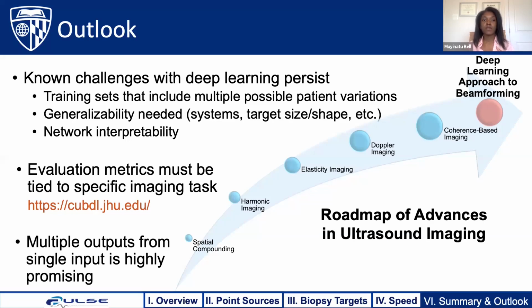And this was also one of the beautiful outcomes of the challenge, because now we have a bank of evaluation metrics that anyone can choose from if working in this area to help us as a field standardize what we're calling good performance and help us to compare different outputs using the same metrics. I've also shown you how we can address the grand challenge of achieving multiple outputs from a single input of raw channel data.